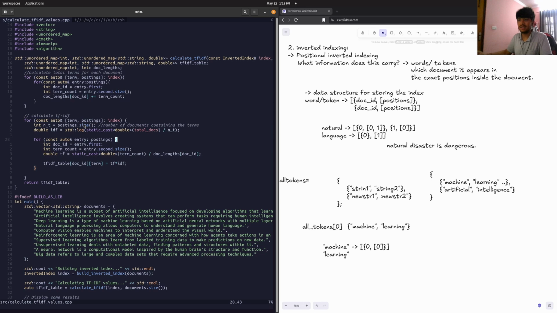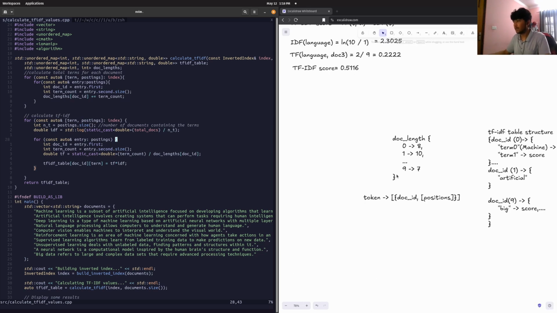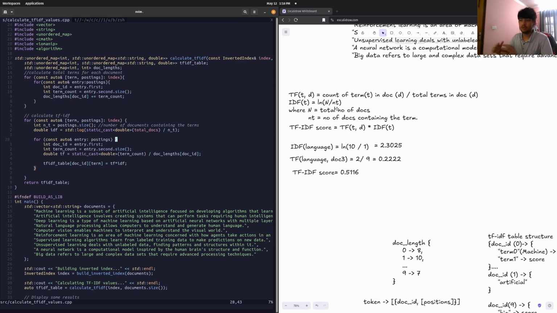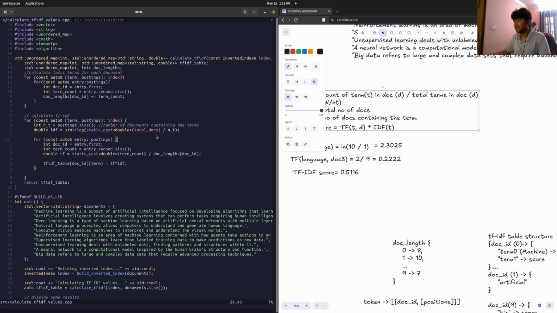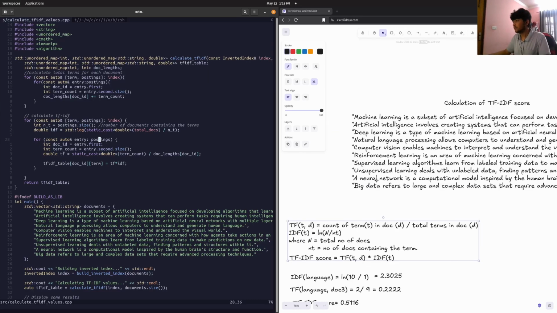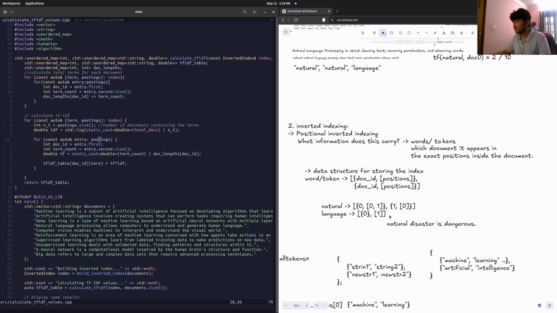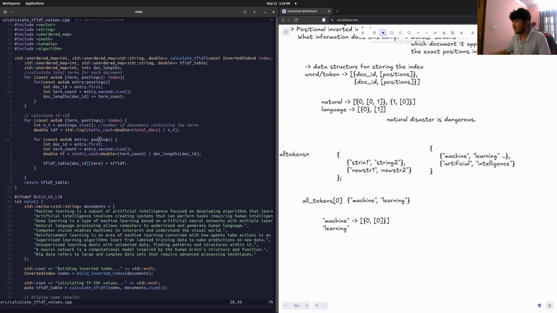IDF is basically the calculation we have already done here: the total number of documents divided by the number of documents containing that term. We have performed the same thing here. And for each and every posting, in this for loop, this one is the first posting, and this one is the second posting.